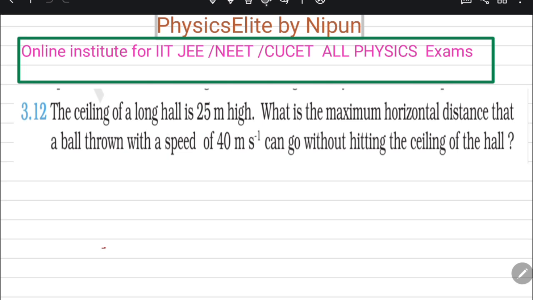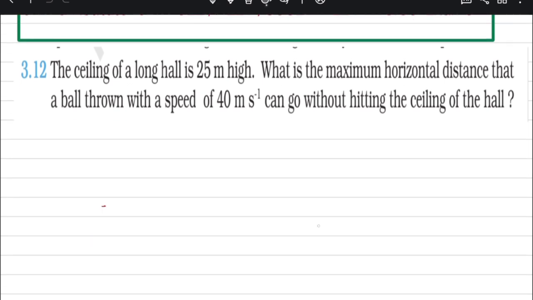A ceiling of a long hall is 25 meter high. What is the maximum horizontal distance that a ball thrown with a speed of 40 meter per second can go without hitting the ceiling of the hall? It is like this situation. I make the diagram.